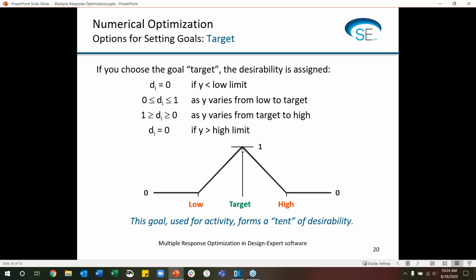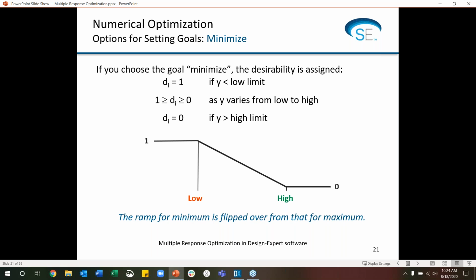And then we ramp desirability from 0 to 1 as we're going from the low level to the target, or from the target up to the high limit. That's another ramp from 0 to 1. So a goal really forms this little tent of desirability. Okay, so those are the 2 we used.